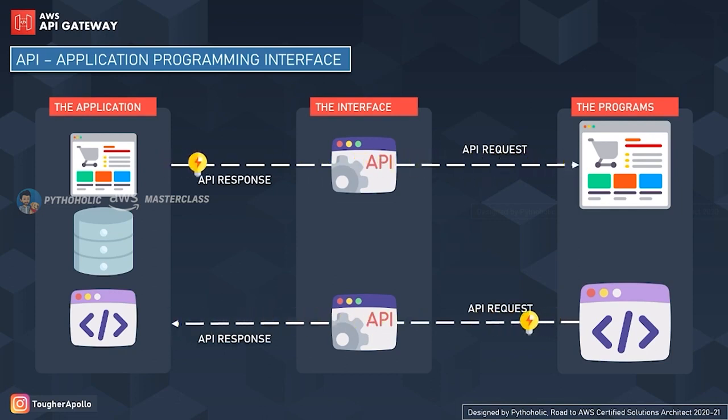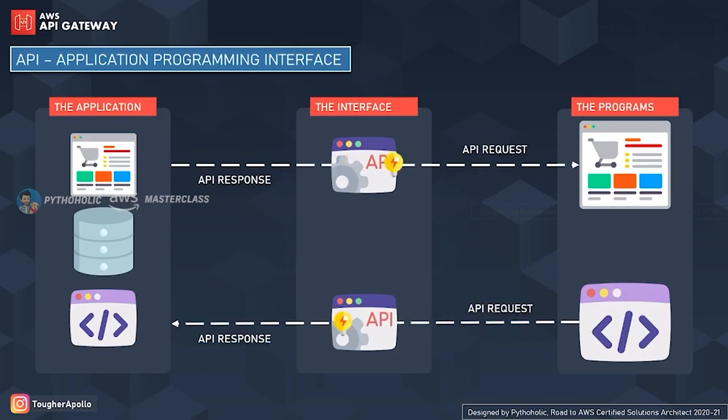So in this case, if other programs or developers want to make use of these services and want to make use of this data that you have, then the programs have to talk to the applications using the APIs provided by the application itself, that is basically provided by you, and the API can provide them with the necessary information that they need.